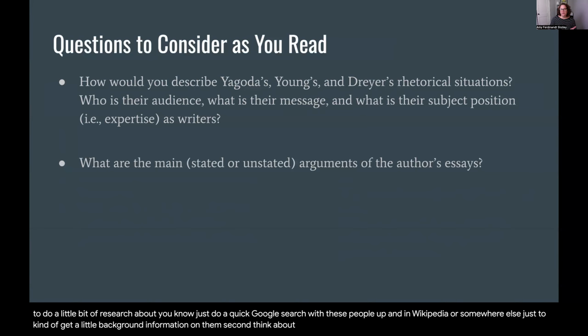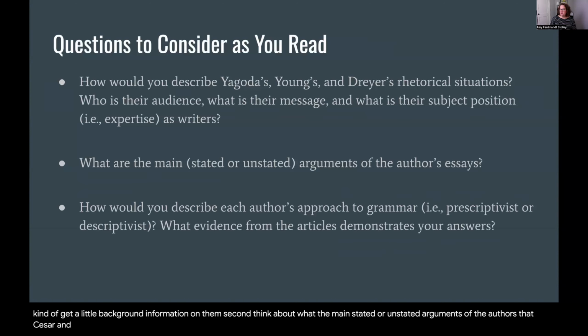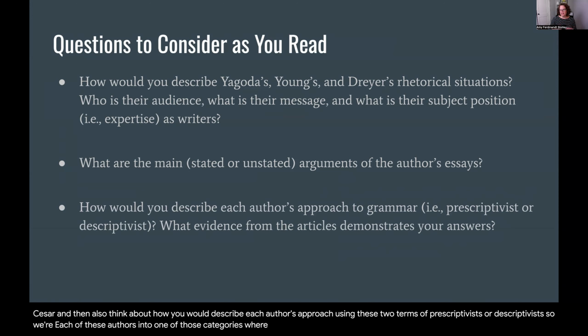Second, think about what the main stated or unstated arguments of the authors' essays are. And then also think about how you would describe each author's approach using these two terms, prescriptivist or descriptivist. If you were to categorize each of these authors into one of those categories, where would you place them?